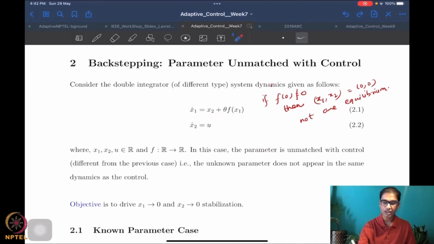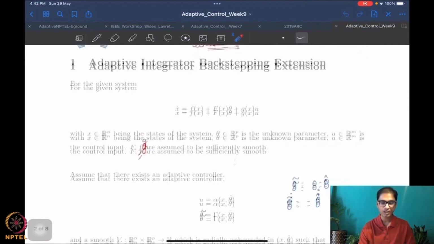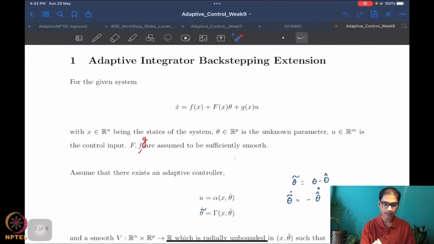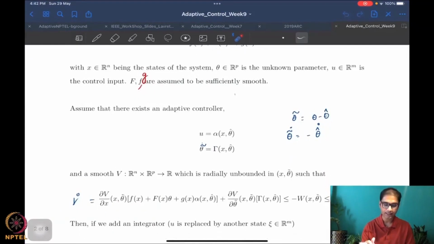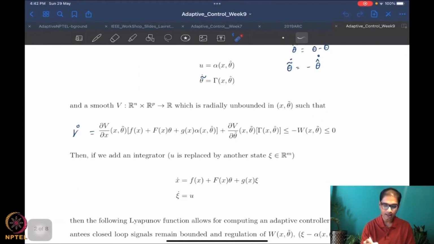So now we are looking at the general case of a system where you have an x which is in Rn, you have an unknown parameter which is also in Rp, a control which is in Rm, and then of course there's an extended state psi which is also the same dimension as the control and therefore is in Rm, right?